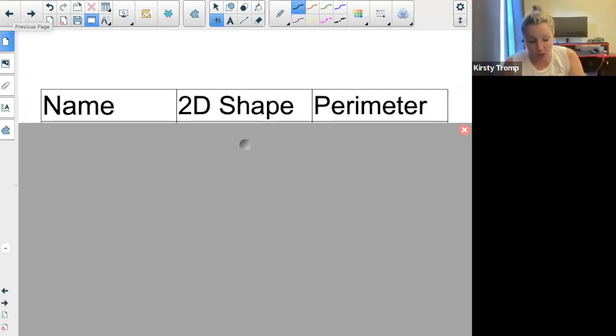So we're going to have name, the 2D shape, and perimeter. Where are we going to put this drawing? It's nice to try to get it all on one page.